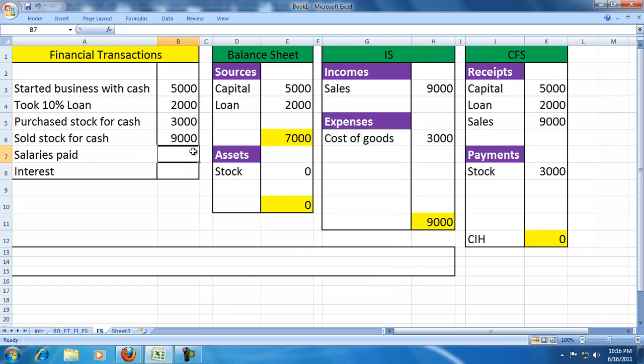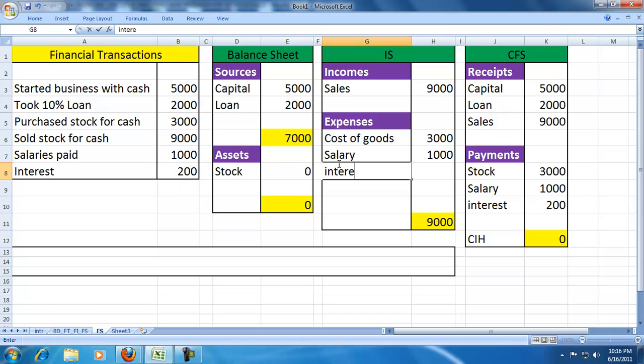Then I paid salary. Suppose I'm paying 1,000 salary. Once again there is an item called salary. I'm paying that salary and it's an expense, so I have to show that as an expense. In the same way, I'm paying about 200 interest, so there is a payment of interest, 200, and interest is an expense.